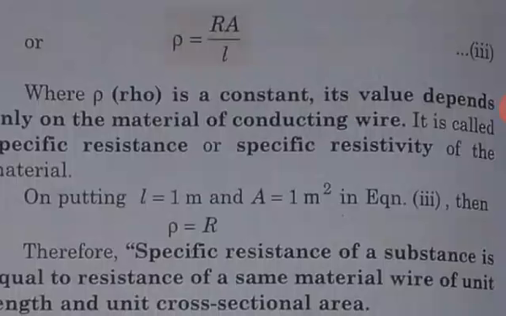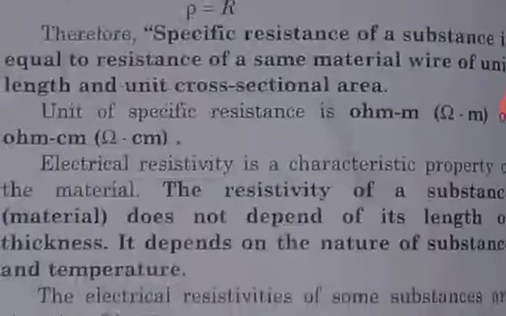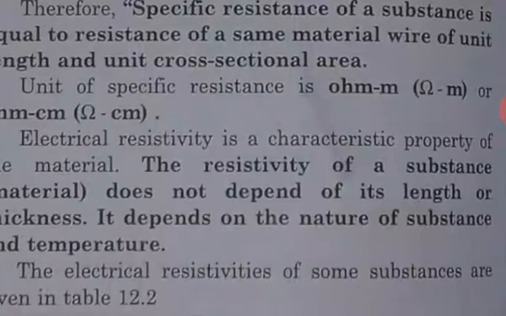Or rho is equal to R A upon L. So, the resistivity of a substance does not depend on its length or its thickness. It depends on the nature of the substance and the temperature.